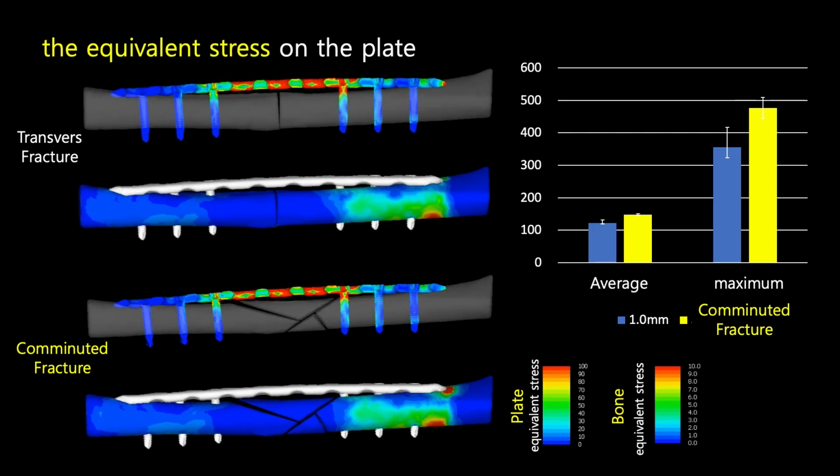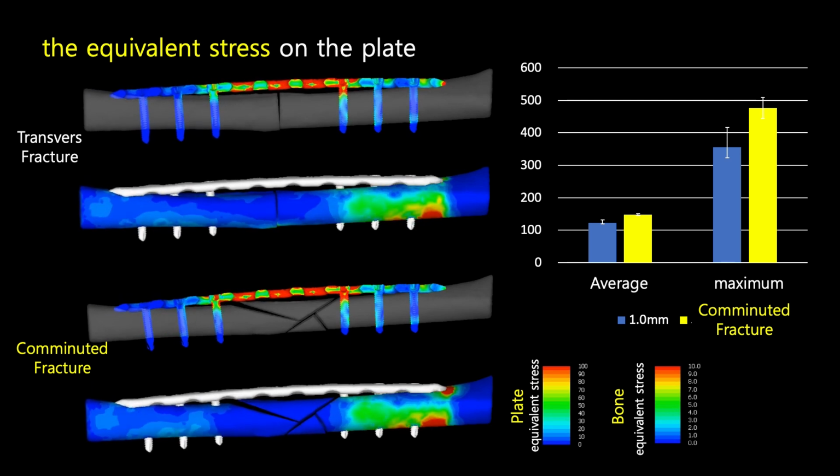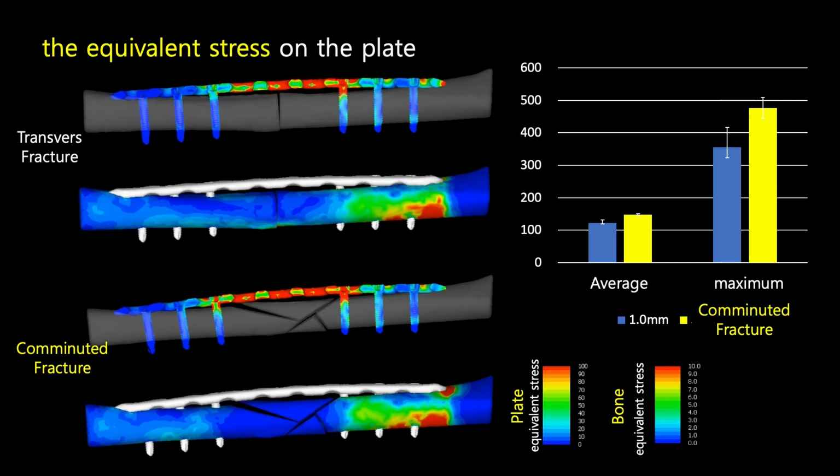The equivalent stress on the plate was greater in the comminuted fracture. This is thought to be due to the increased load on the plate in comminuted fracture, as the bone fragments do not come into contact with each other, whereas in transverse fracture, the bone fragments do make contact.